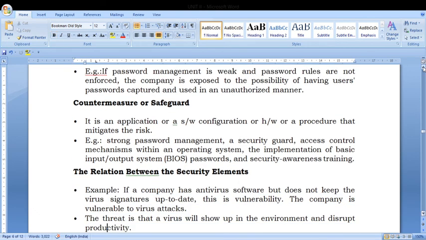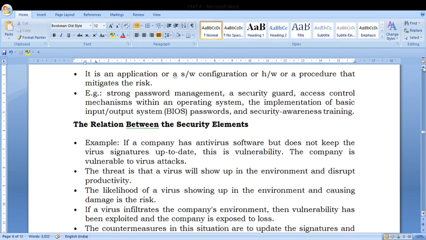What are the relations between security elements? What are the security elements which we are having? How can we relate them? The company has antivirus software, but does not keep the virus signature up to date. The expiry date, they also do not check. If any virus sends an email or any system is damaged, anything can happen. So the company has to take initiative when renewal is due and keep a proper virus scanner.